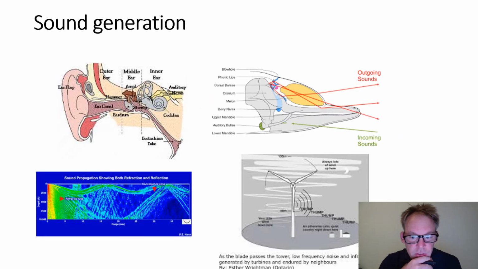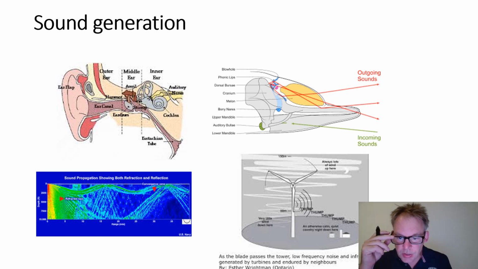So sound is generated in a lot of different cases. And what's pretty interesting, there's a lot of environmental work at the moment to do with sound generation from wind turbines and from the exhaust of gas turbines. And so sound in the planetary boundary layer has some interesting properties, very much affected by shear.